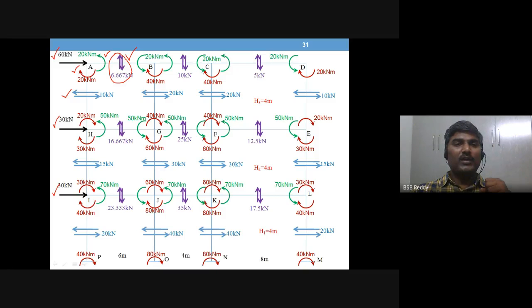Okay, right. So you represent all the shear forces that we found with the calculation just now. So these are the shear force values. 35 is the maximum shear force, and that happens at the bottom story beam in the middle portion. Beam JK has the maximum shear force.